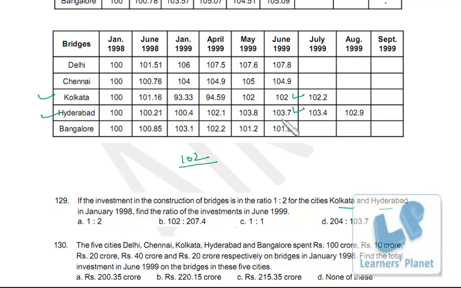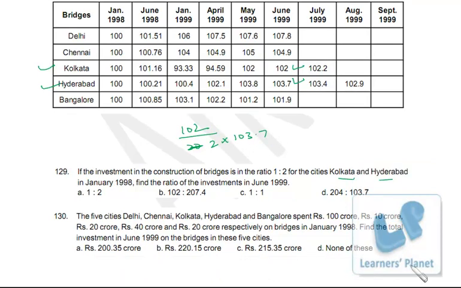So if 100 is, see, this is a 3.7% increase, so if it is 200, it will be 207.4, or double of this. So it is 102 by 207.4. That's already given over here. No need to calculate further, right? So the question is really very simple. Your analytical skills will be used over here. Okay, so that's pretty simple.